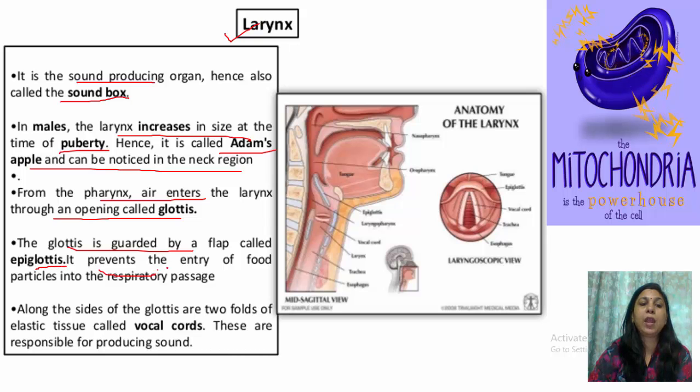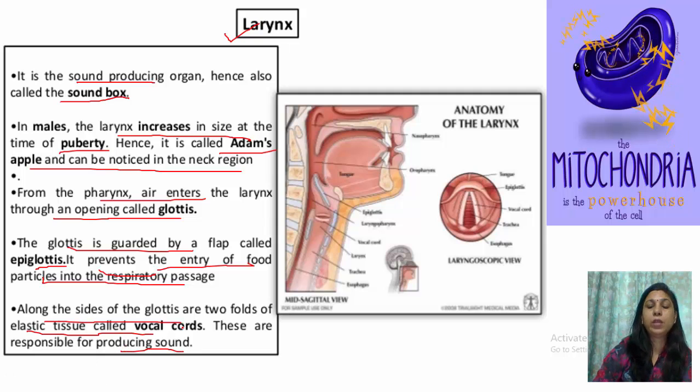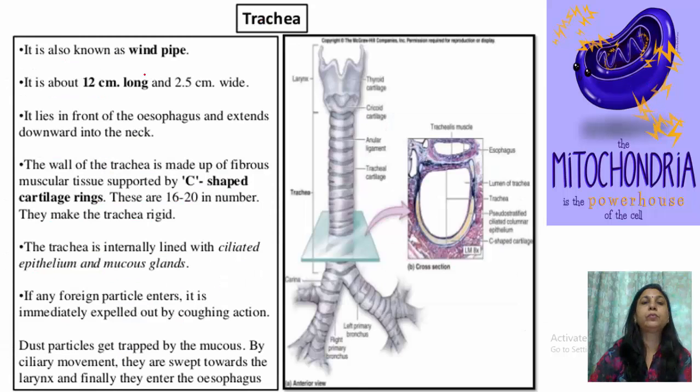It prevents the entry of food particles into the respiratory passage. Along the side of the glottis are two folds of elastic tissue called vocal cords. What are vocal cords responsible for? Producing sound. When the vocal cords vibrate, the sound is produced.